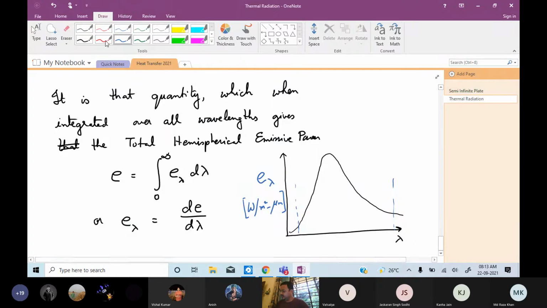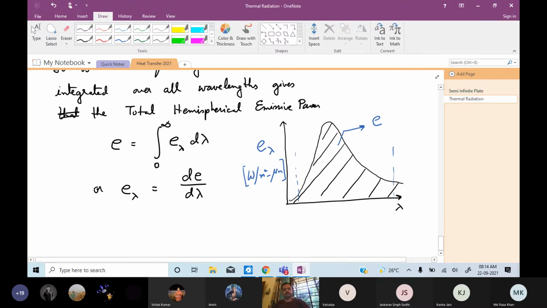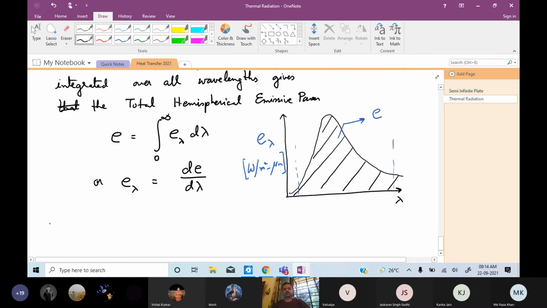What it also means is that the area under the curve is your total hemispherical emissive power, E. So monochromatic hemispherical emissive power for a black surface is denoted by E B lambda.